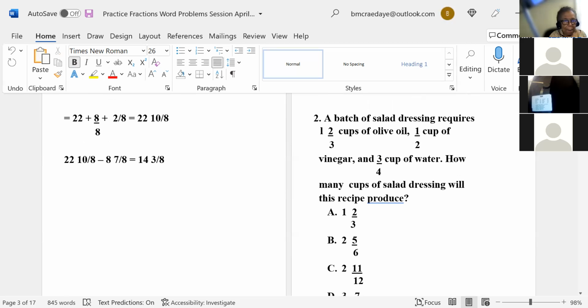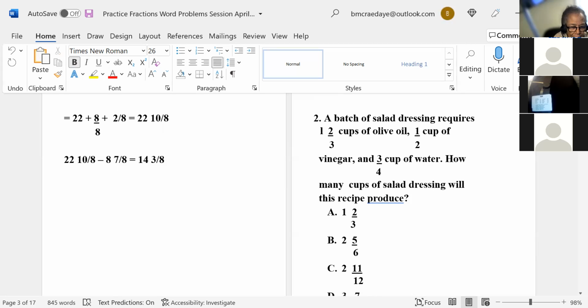A batch of salad dressing requires 1 2/3 cups of olive oil, 1/2 cup of vinegar, and 3/4 cup of water. How many cups of salad dressing will this recipe produce? Just tell me in words how you would solve it.